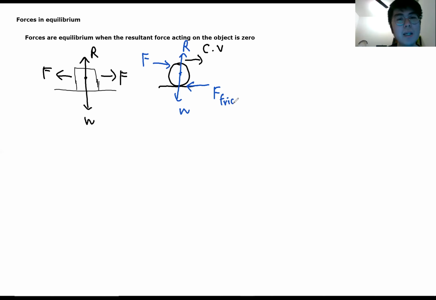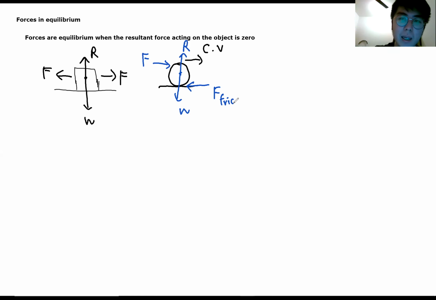In this case, the frictional force is the same in size as the force applied, right? Which is why it can move at constant velocity. So in this system, we also say that there is no resultant force.